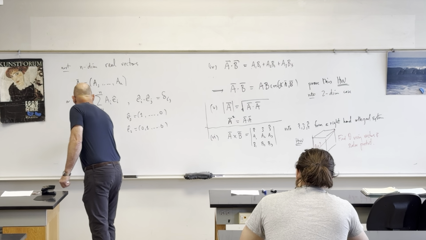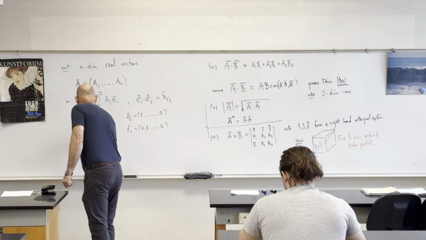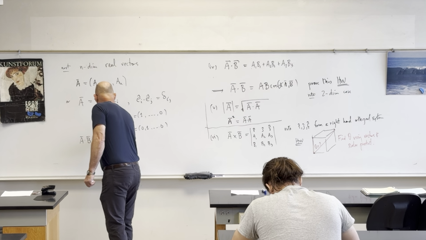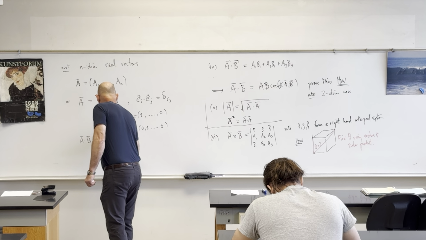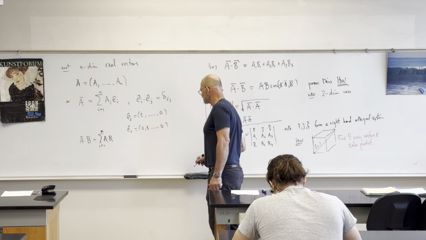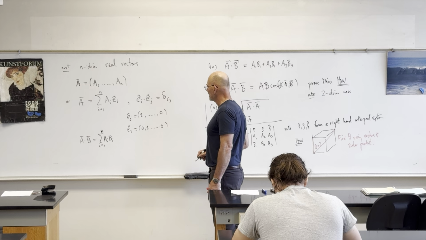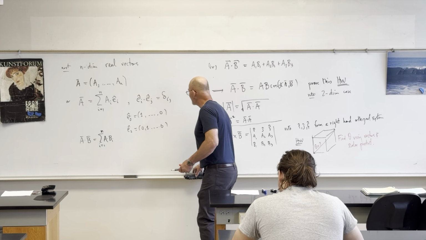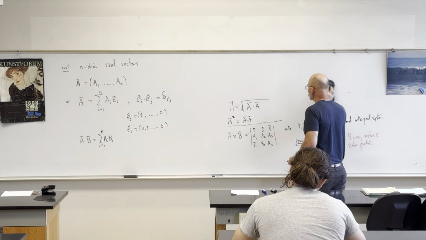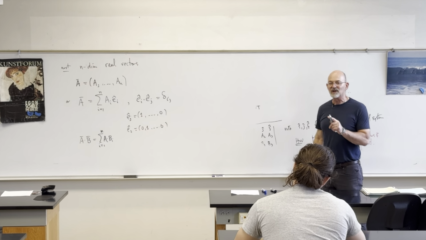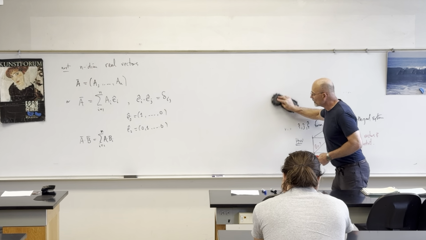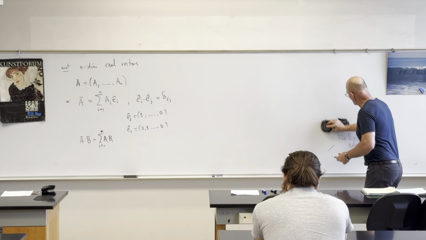So A dot B is equal to the sum over A sub i, B sub i, i equals 1 to n. Same for the magnitude, and same for the dot product, and you can actually define an angle between n-dimensional vectors by utilizing that second definition as well.